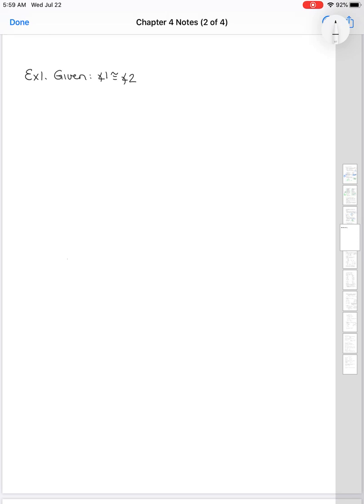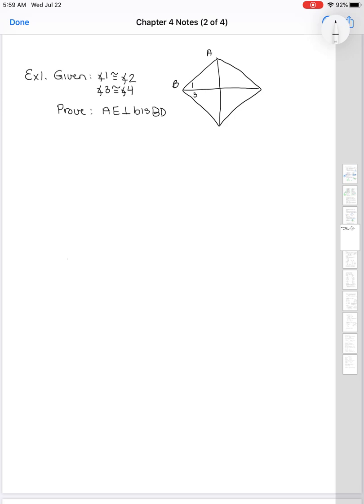All right, so let me show you. I'm going to actually write these out because I don't have them on here. All right, let me switch my color here. All right, so we are going to do example 1. So I'm going to write: given angle 1 is congruent to angle 2, and angle 3 is congruent to angle 4.